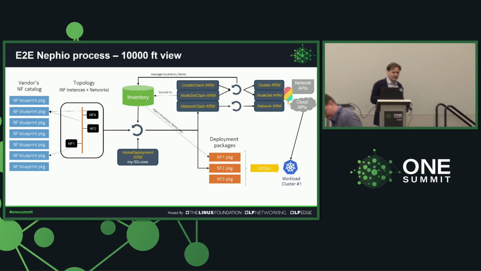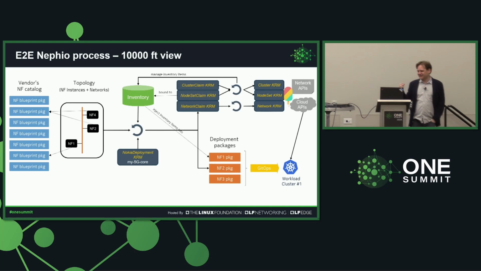The other reason for the complications is that I wanted to solve these problems in a way that is a step toward making Nephio, sorry. That is a step toward making Nephio into a general purpose automation tool, and not just a POC for a specific use case. And that also introduced some complexity here.